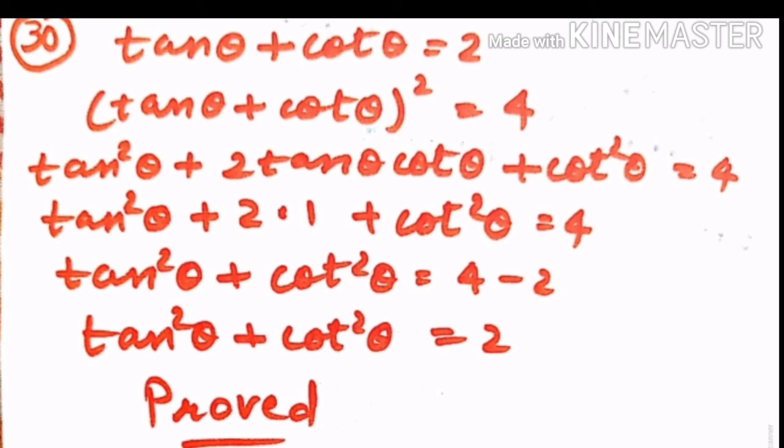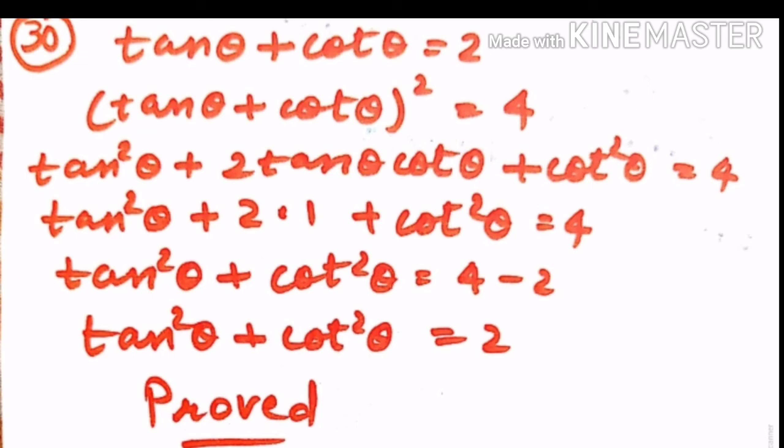Now squaring both the sides, I have taken tan theta plus cot theta whole square is equal to the right side, 2 square, 4. Now this left side is the a plus b whole square type of expansion identity. So I will take the square of the first term, that is tan square theta, plus 2ab means 2 tan theta cot theta, plus cot square theta is equal to 4.